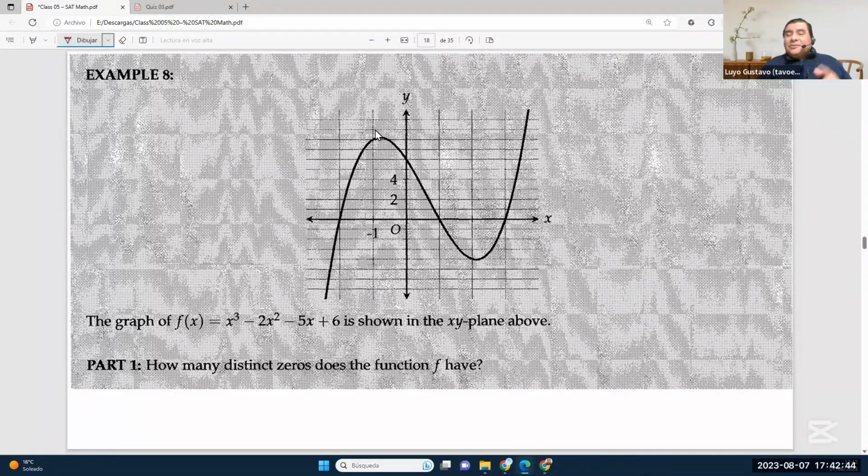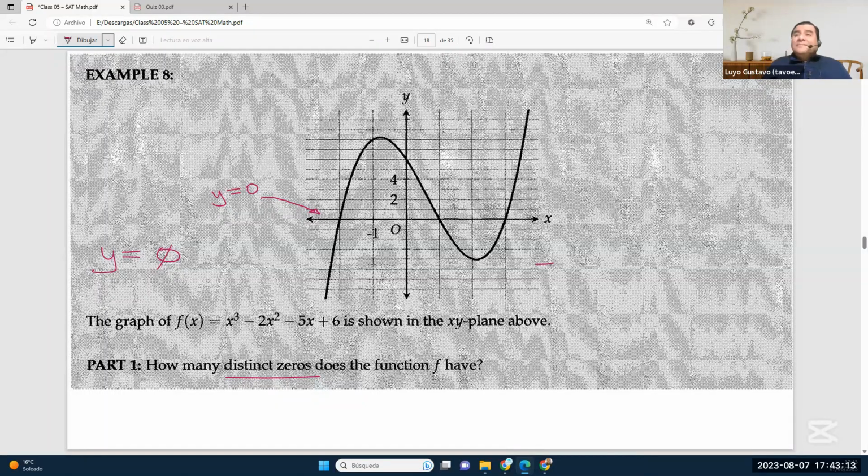In other words, remember the expression zeros means how many crossing points exist between the curve f and the horizontal line y equals 0. Y equals 0 is actually this, right? The x-axis is the same as the horizontal line y equals 0. So how many crossing points do you see there?